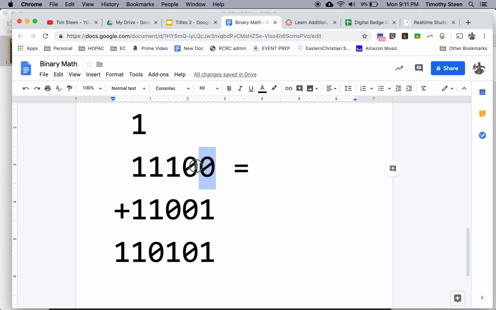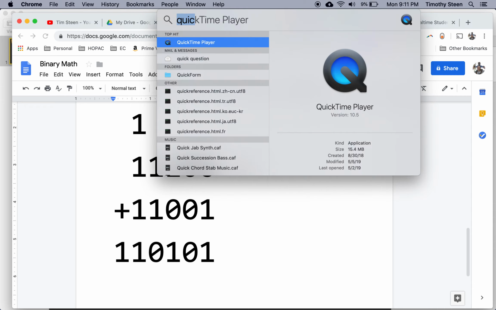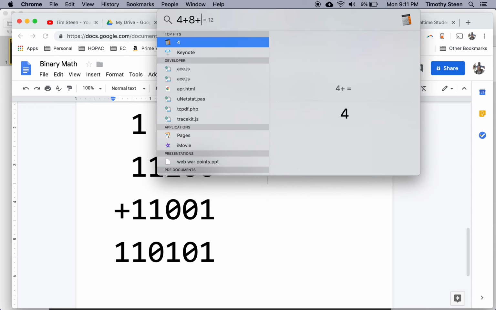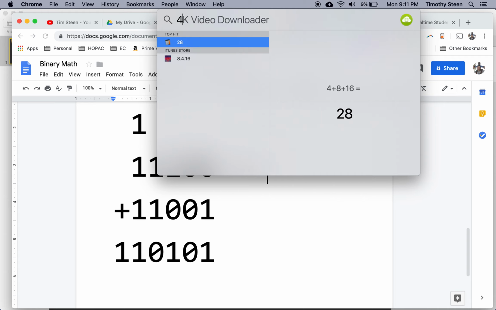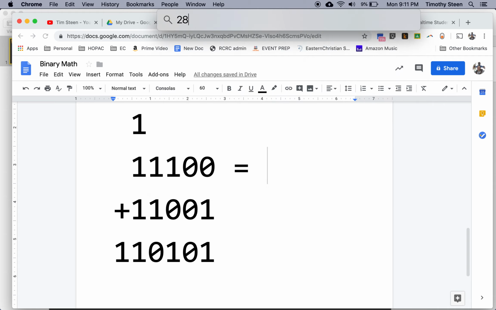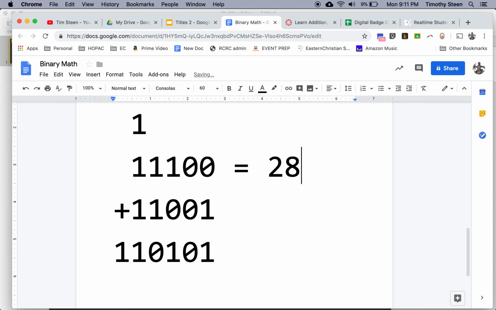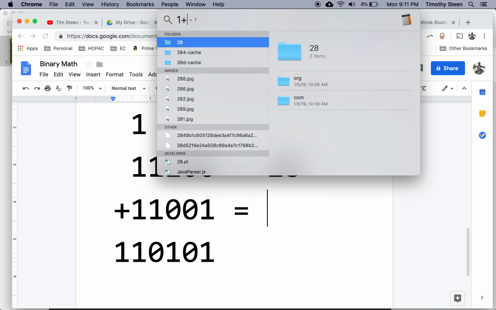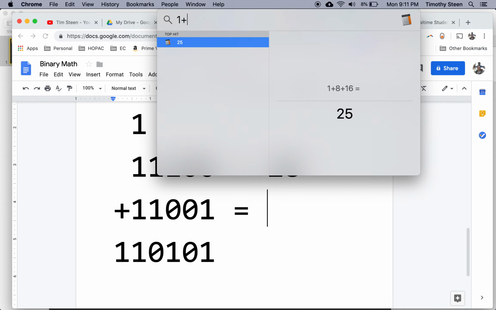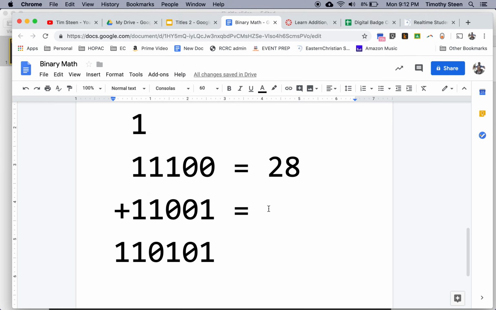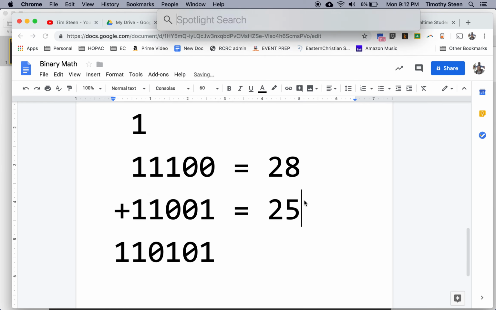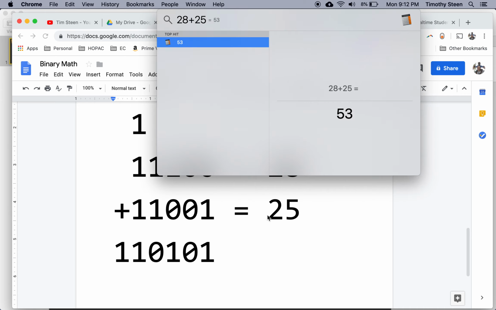Now I have no idea what these numbers' values are in decimal because I haven't bothered to figure it out. So 11100 is 4 plus 8 plus 16, which is 28. And 11001 is 1 plus 8 plus 16, which is 25. And so we know that 28 plus 25 is 53.